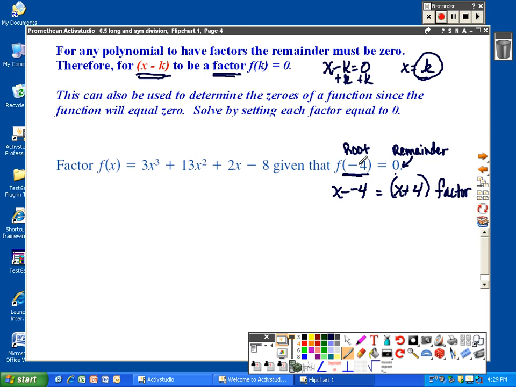So if I use synthetic division, I should be able to find the other factors. So I put the root in the divisor box, negative 4.